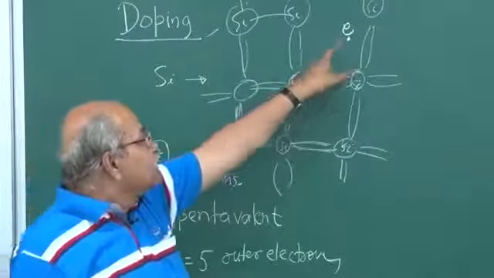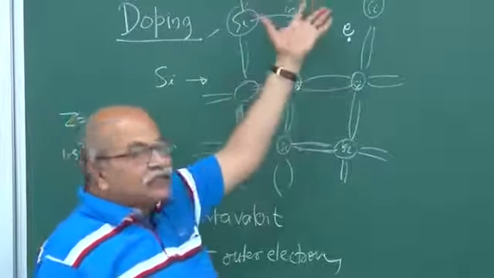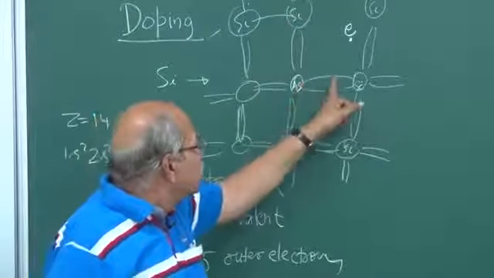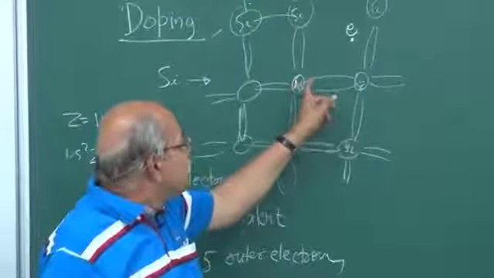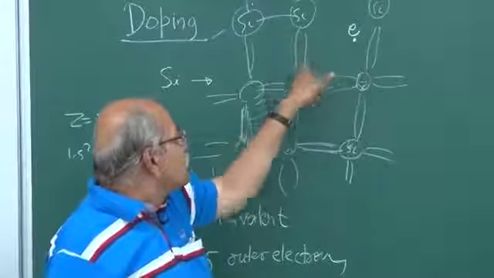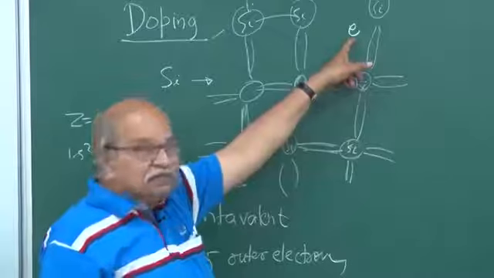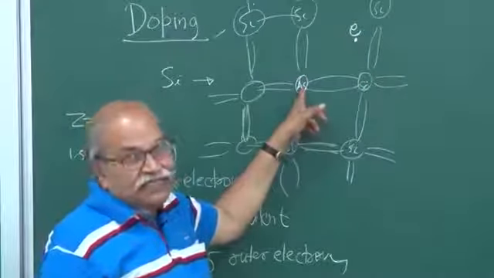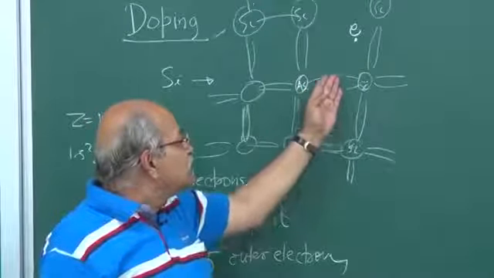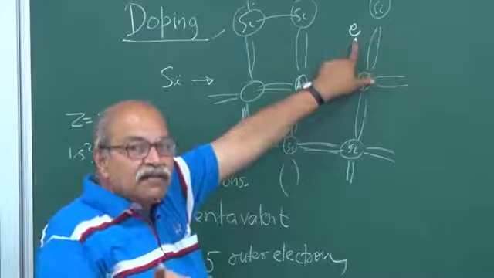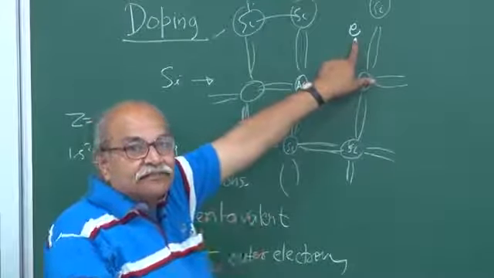But then it's in a much higher energy. If an electron is taking part in bonding, then its energy is very low, in the valence band. But this one is not bonded, so it's very, very weakly bound to this atom. So as compared to these valence band electrons, this electron will have much higher energy.